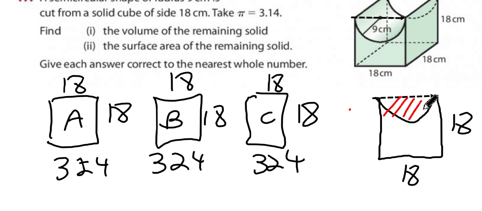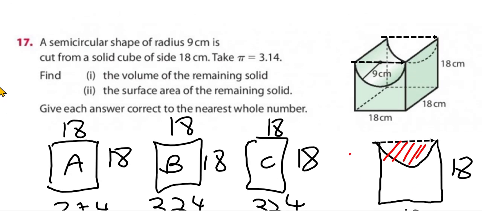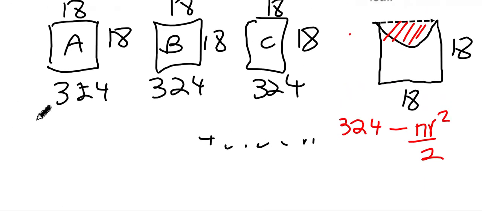So we're going to minus the area of a semicircle. Now an area of a semicircle is quite simply half the area of a circle. So, pi r squared. And what's the pi button we're using? 3.14? So it's 3.14 r squared.